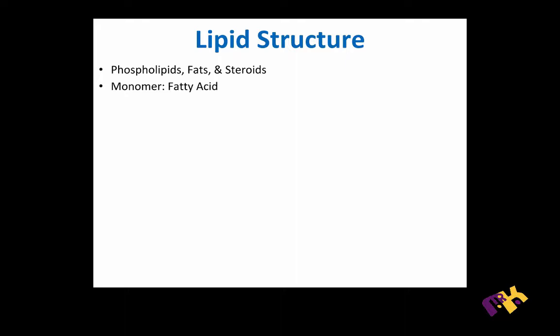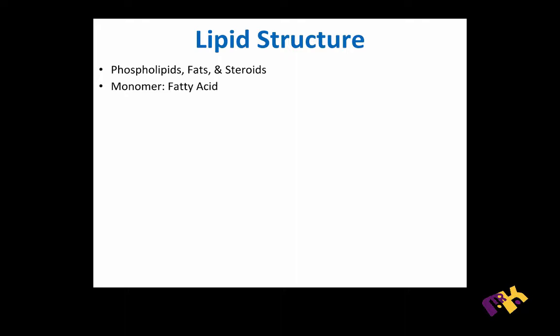We could really classify lipids into three main categories. They can be phospholipids, which we'll look at first. They can be fats, which we'll look at second, or they could be a steroid. So these are three major categories of lipids. Underneath fats, you can put your greases and oils and stuff like that.